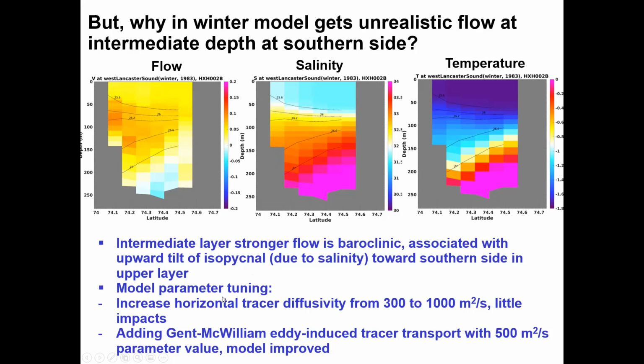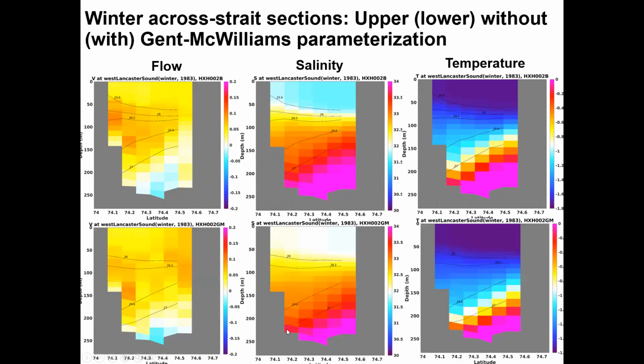So we did the tuning and reran. Increasing the horizontal tracer diffusivity doesn't help, but adding the James McWilliams eddy parameterization helps. This is the first run, and this is the improved run. You can see the intermediate flow is weaker, so the eddy parameterization helps.